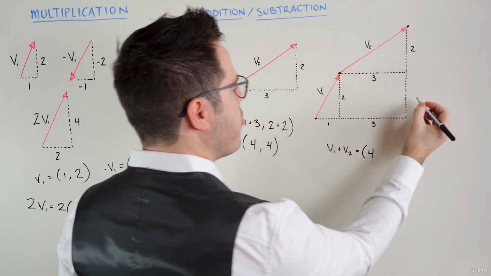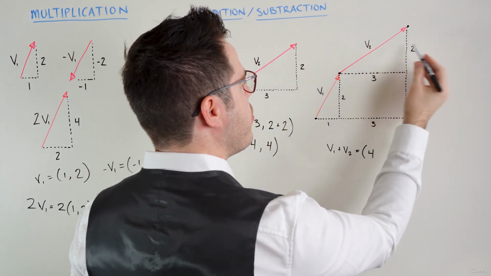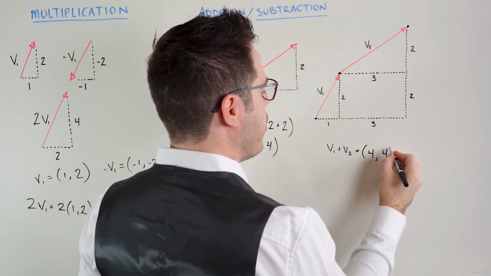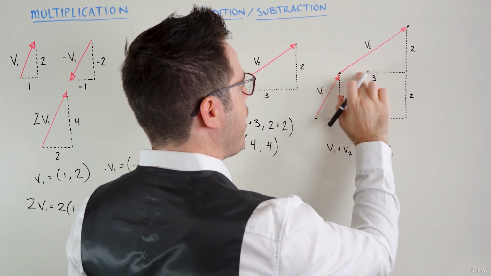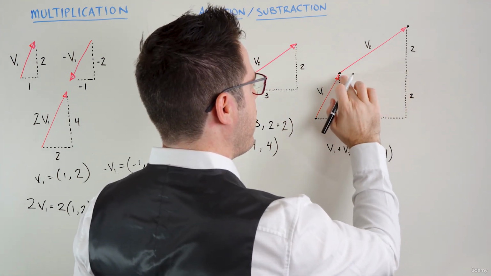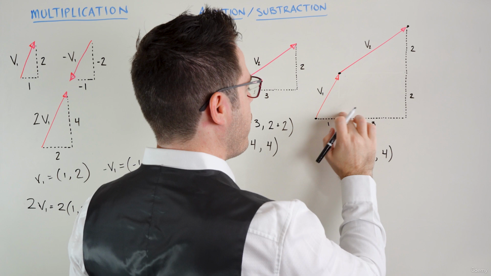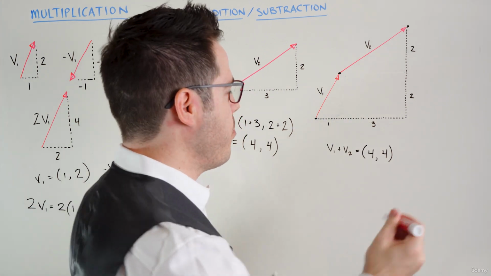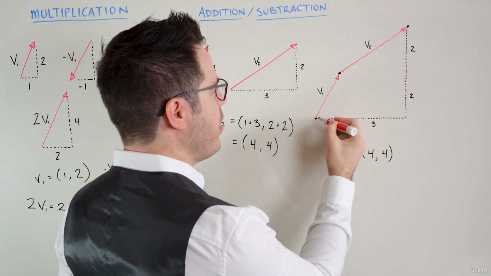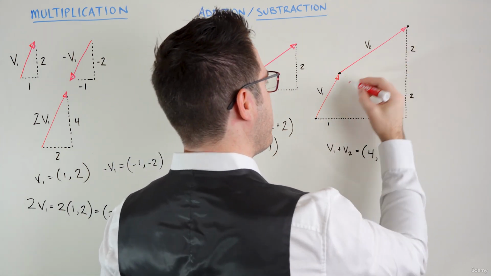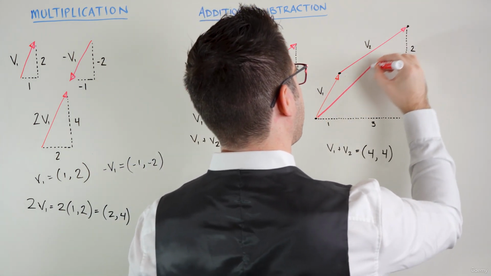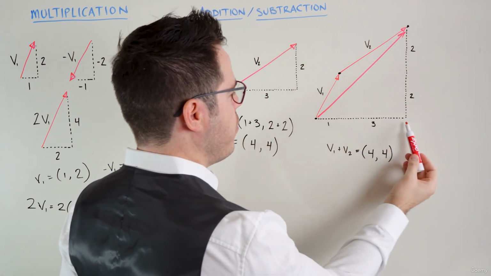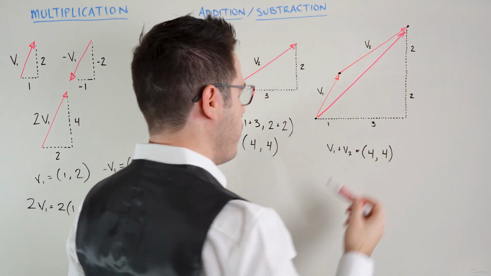And v1's y component is 2, and v2's y component is 2, and we know that the sum of these two is 4. Now let's take a look at what the vector looks like when we draw it. v1 plus v2 is 4, 4. If we place its tail at the tail of v1, we get this vector. This vector has an x component of 4 and a y component of 4.